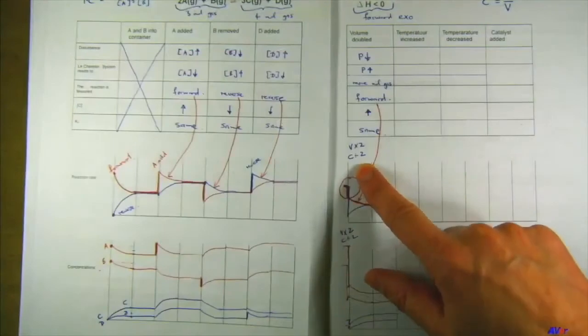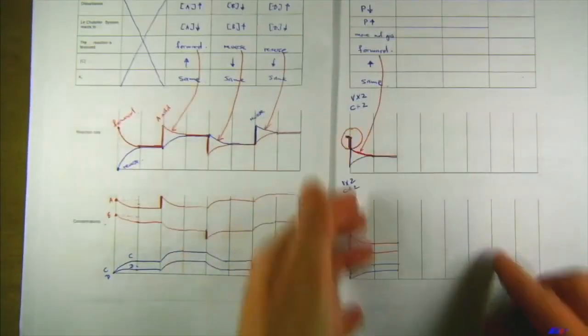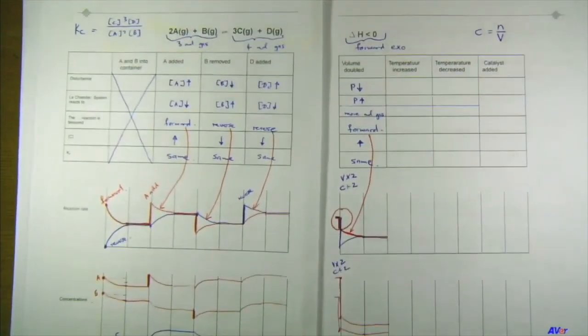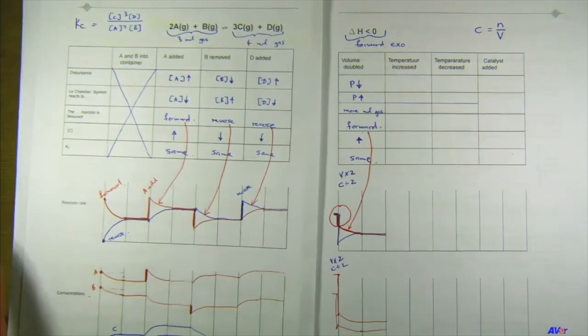All the concentrations must go down. And if the concentrations decrease, both the rates must decrease. It's just a question of who's going to decrease the most. Are you happy with this one? You have to practice this one. This is a difficult one.